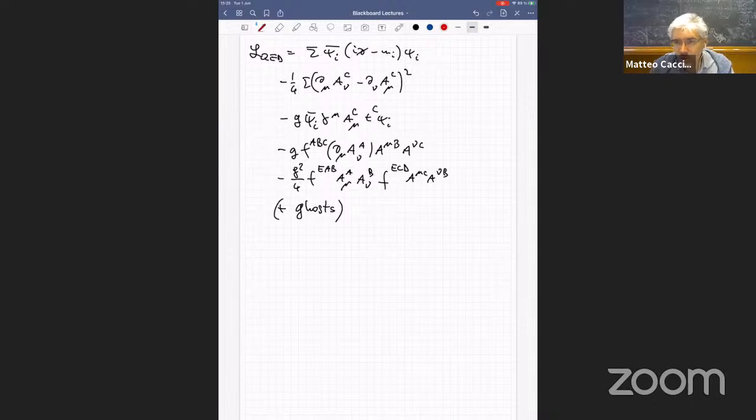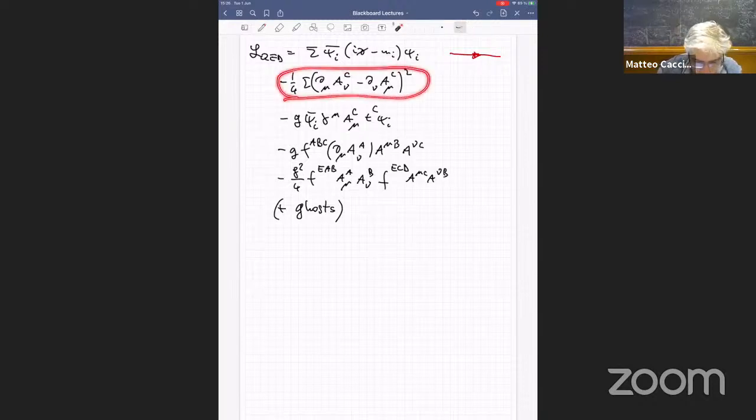And so after quantization, I'm now looking at a perturbative expansion. And in a perturbative expansion, what are the various terms here? So the first one, this one here, is simply the Dirac Lagrangian. So I can see this simply as the propagation of a fermion, of a quark. This one here is just the Maxwell equations. It's identical to what you have in QED, essentially.